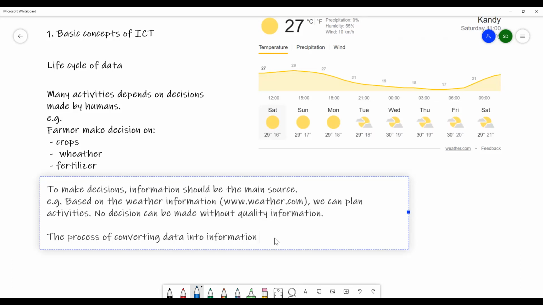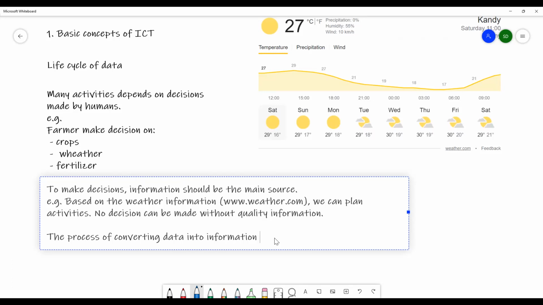Now, we will say whenever we want to make a decision, we need information. That means processed data. We usually say data as it is, usually they are useless. You can't make proper decisions based on data.